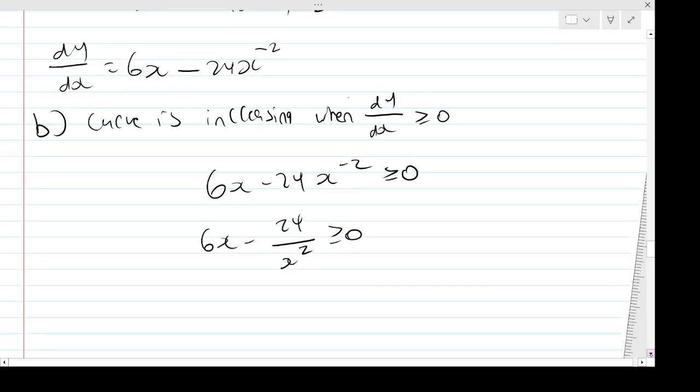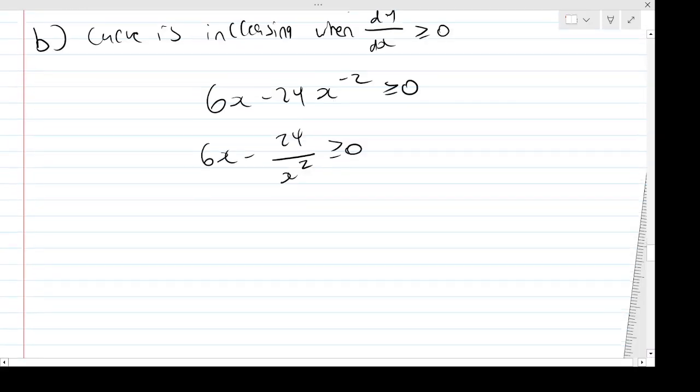Now, what can we do here? You might be thinking to times by x squared to get rid of the fraction. You'd be right, but I imagine there's some skepticism because of the inequality. You might be thinking, oh god, if it's positive or negative, what happens to the inequality? You might have a bit of a freak out.